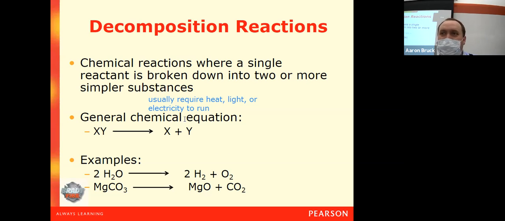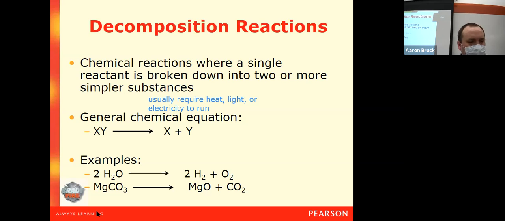That particular process you know better as electrolysis. And there are other kinds of electrolysis reactions out there. Not all of them are decomposition reactions. Basically, any reaction that requires electricity to happen falls under that name.